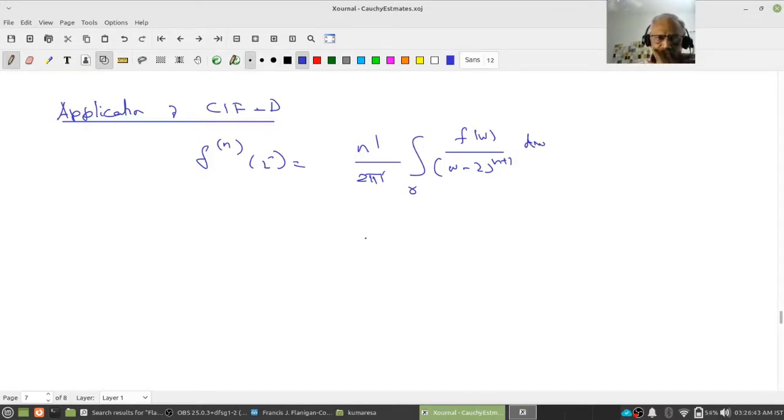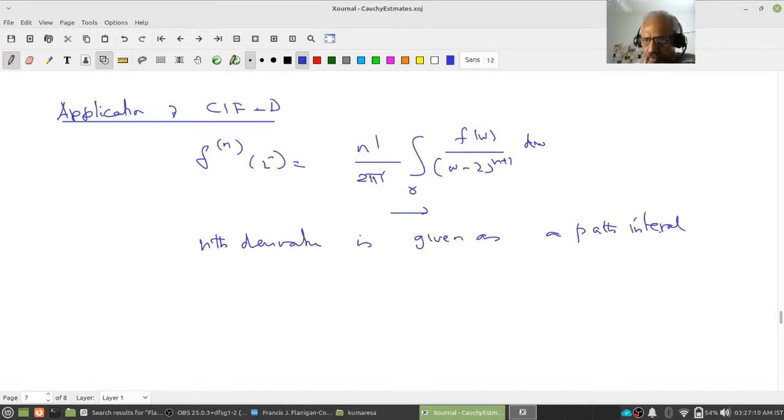So the way we are focusing is, I am given a holomorphic function f, and the nth derivative of that holomorphic function is given by an integral of this kind. That is, the nth derivative is given as a path integral, namely this path integral.